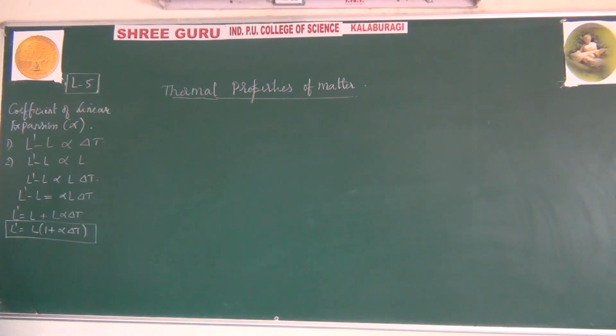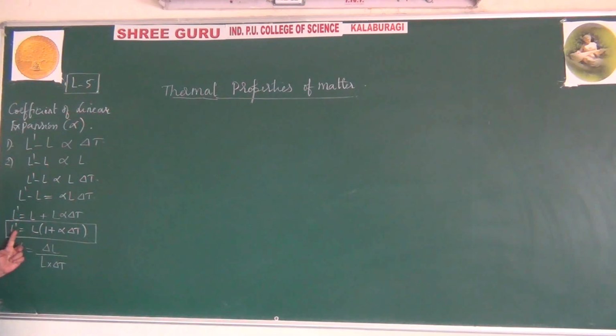This formula I wrote in the last class. Also I have written the standard formula for alpha: alpha is equal to delta L divided by L into delta T. What is delta L?